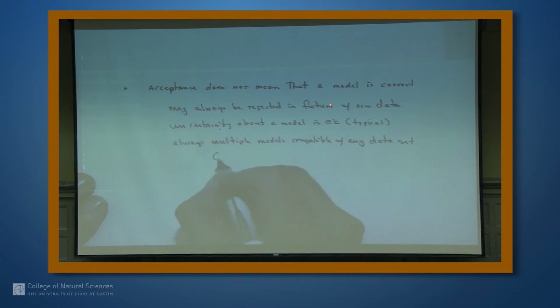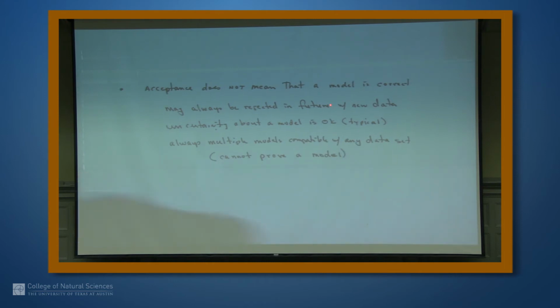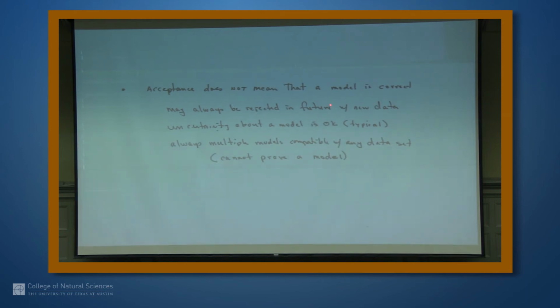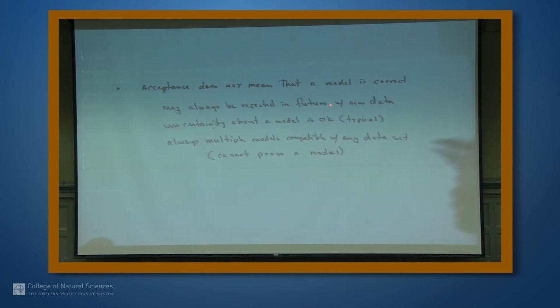And by the way, together this means we cannot prove a model. So if you see a statement that says, well, we proved this model, you know that's wrong. I just mean all of these points together, right?